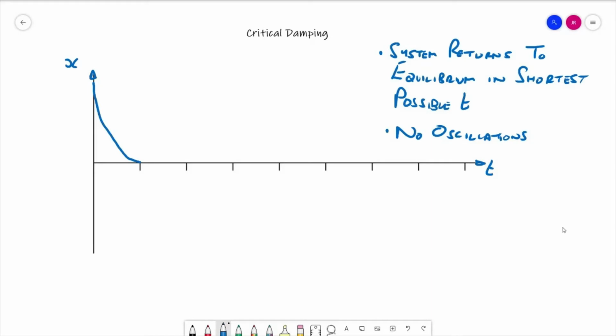Now, of course, that is the theoretical version of how critical damping works, and obviously we cannot always have that theoretical view of it. In reality, bearing in mind that we're talking about engineering and manufacturing, it's very difficult to engineer or manufacture something to do a job 100% perfectly.